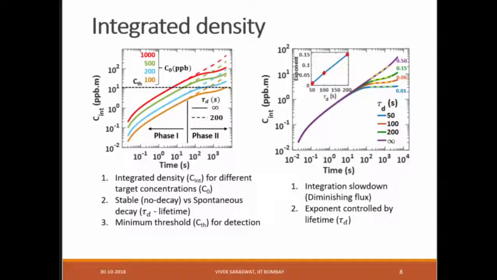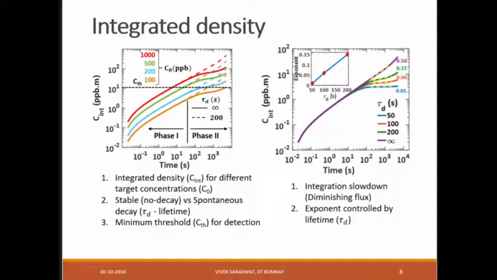But in the case of the decay, when the time scale reaches that of the lifetime of the decay, the concentration which gets integrated on the surface does not continue on the same path. There is a marked deviation here. And in fact, we expect this deviation to depend on the value of the lifetime itself.